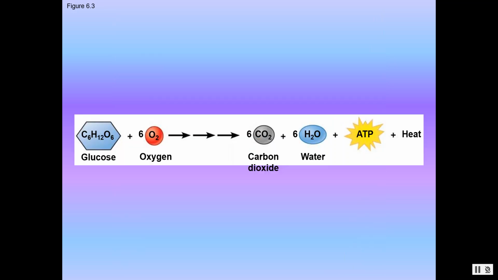This is a better way to represent it: one glucose molecule reacts with 6 oxygen molecules to give rise to 6 carbon dioxide molecules, 6 water, ATP, and heat. Somewhere between 32 and 36 ATPs are given off in this equation, plus heat.